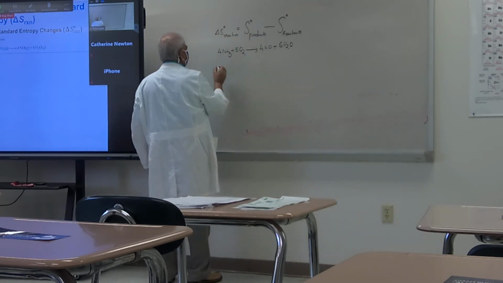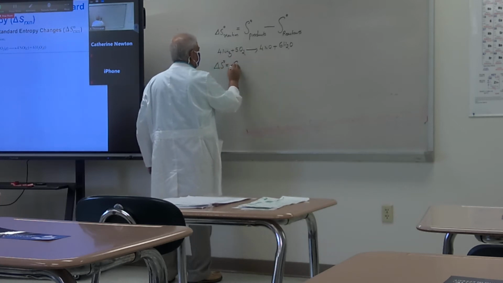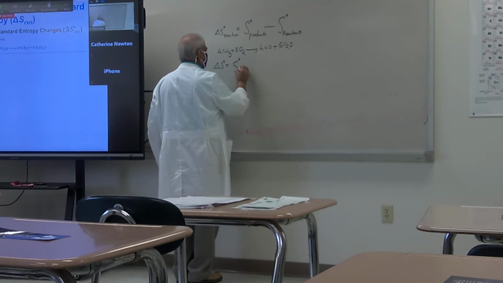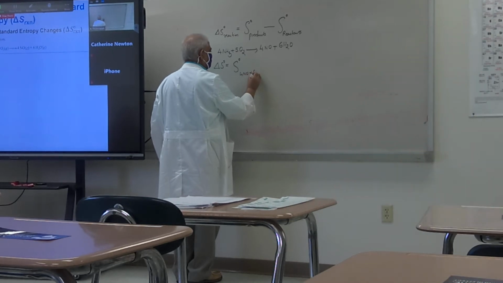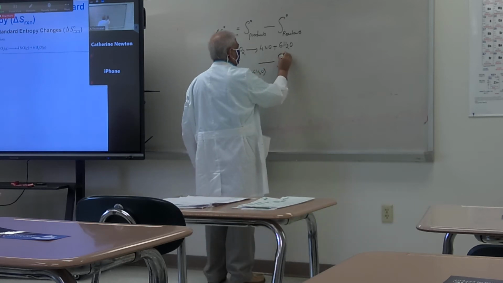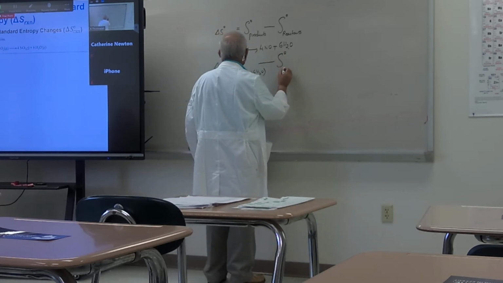So now what you are going to do, the delta S0 equals S0 of the products, which means 4NO plus 6H2O, minus S0 of the reactants.